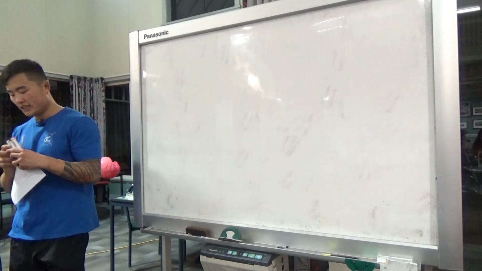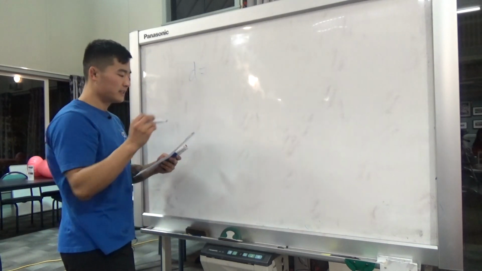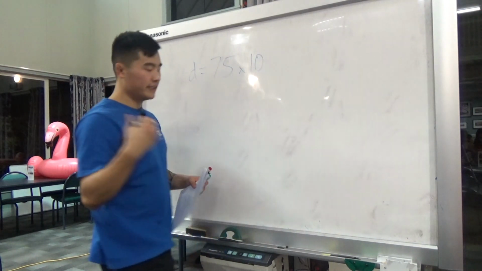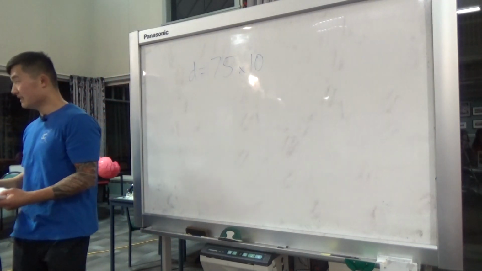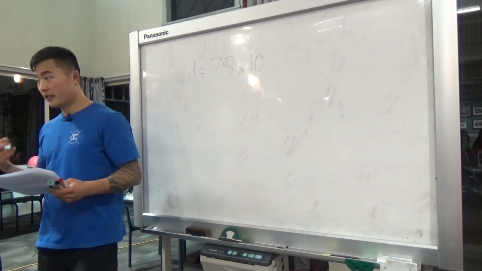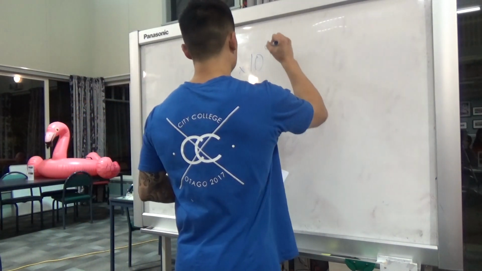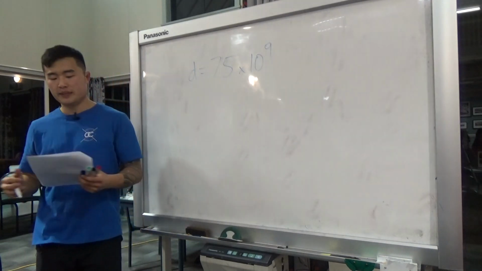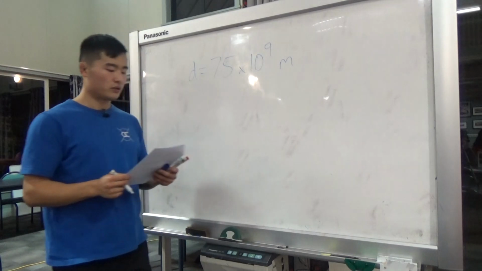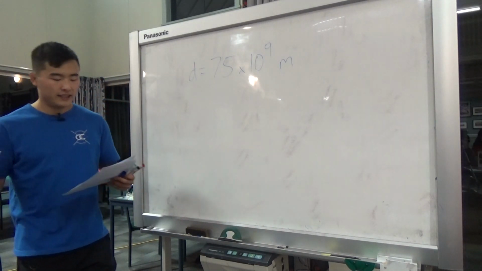Okay, so first of all, we have the distance. So that's 75 times 10 to the 6 kilometers. So we have to have that in meters. So that's going to be another 10 to the 3, right? So that's just going to be 75 times 10 to the 9 meters. Okay, and then what we want to find is the time.